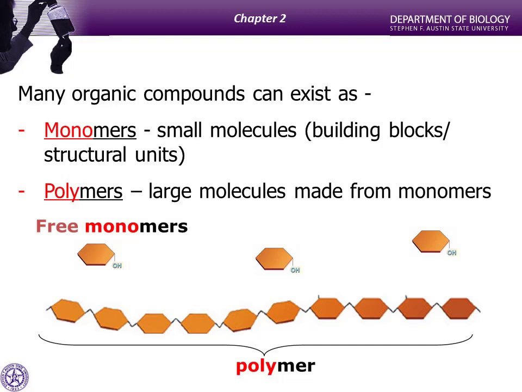These macromolecules are principally assembled using monomers, single molecules, small molecules, building blocks. And many of these are going to be linked together into longer and longer chains that we call polymers. And it's a process of polymerization. You probably heard that term before.